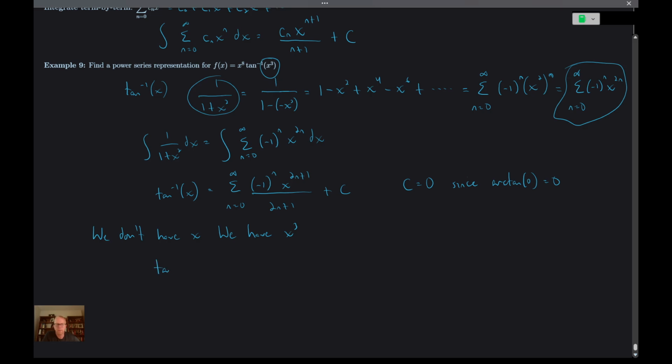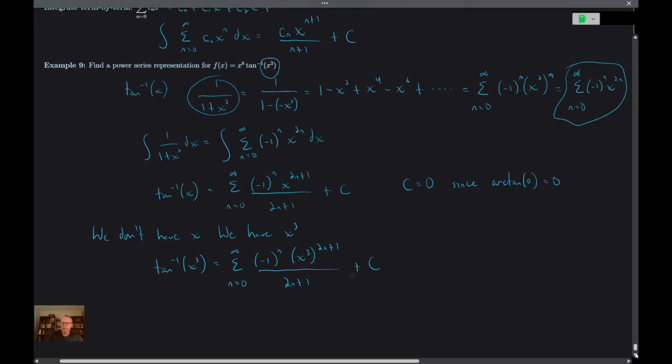So now let's substitute in x cubed. That'll give us the sum from 0 to infinity of negative 1 to the n, x cubed to the 2n plus 1, over 2n plus 1, plus c.